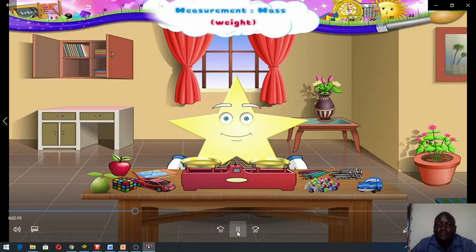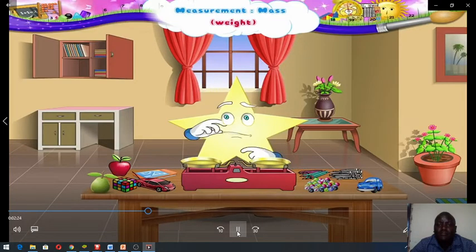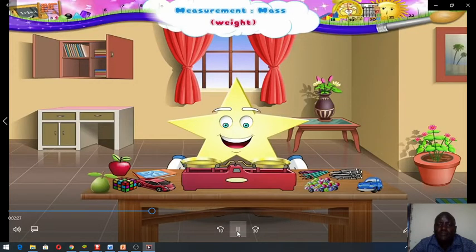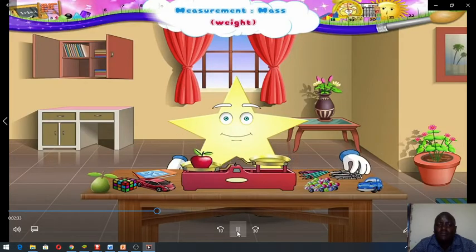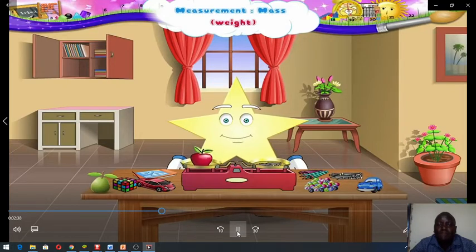Similarly, Starry, we can also use the pencils and nails to measure the mass of the objects. Let's do it now. What other object do we have? Okay, an apple. We shall put an apple in one pan and put the nails one by one in another pan. How many nails are needed, Starry? Okay, 8 nails.